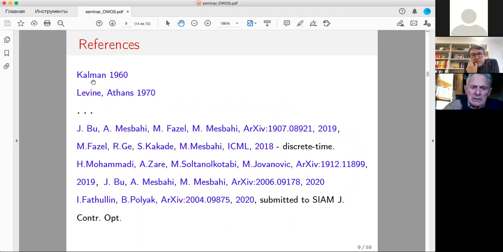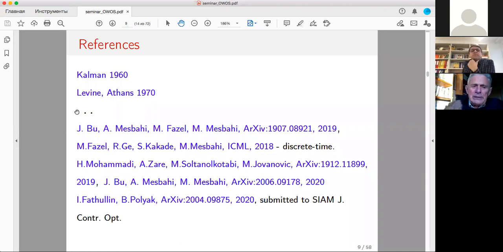And this approach was used by Levine and Athans in 1970 in their famous paper, where they proposed exactly the gradient method for minimization, and even for more general problems, for so-called static output feedback. I'll say about it later.